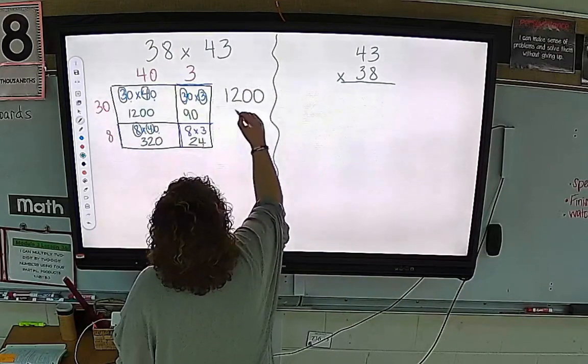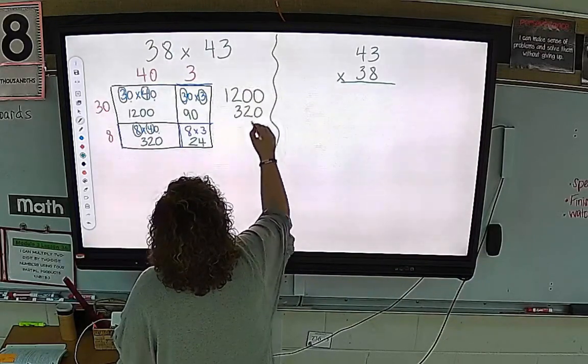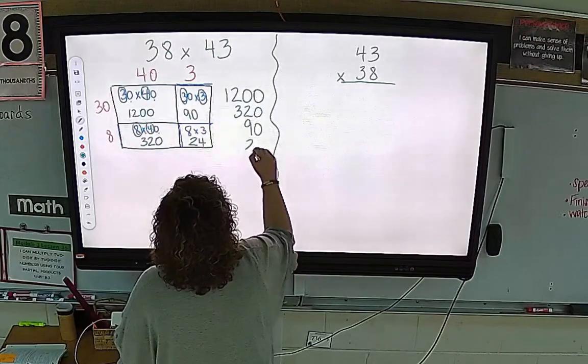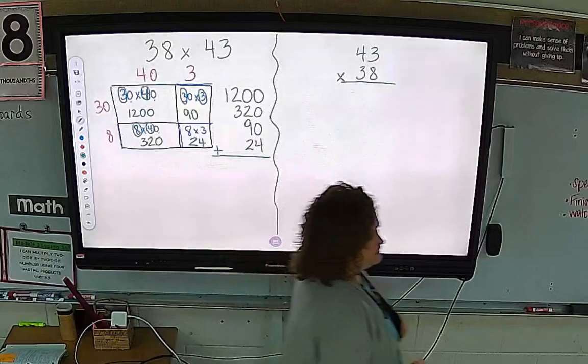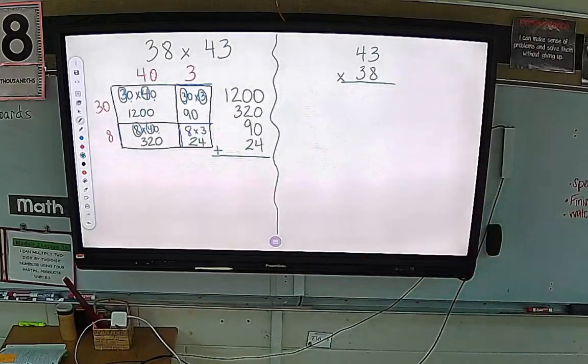1200, 320, 90, and 24. Please line up your numbers correctly. That is something so simple and yet can really make us have the wrong answer.